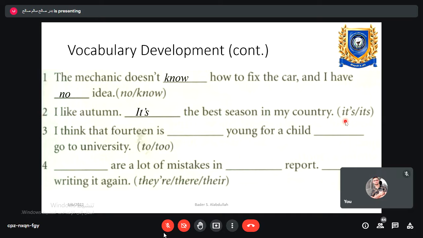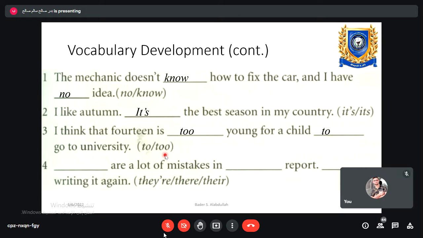Which two here? The second one? Okay. I think that 14 is too young for a child, which means so much young for a child to go to university. The other two is a preposition.